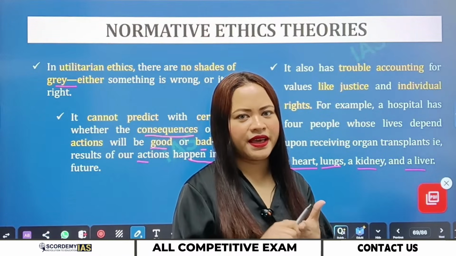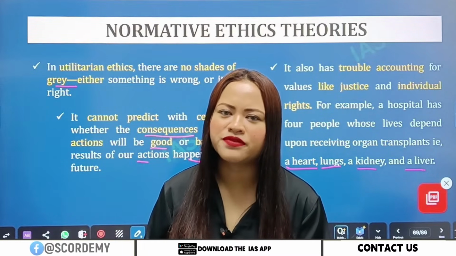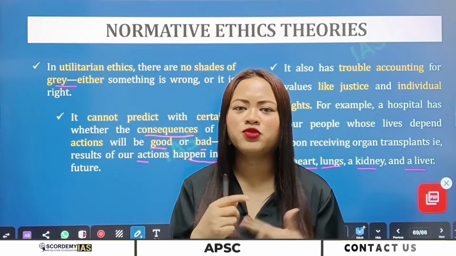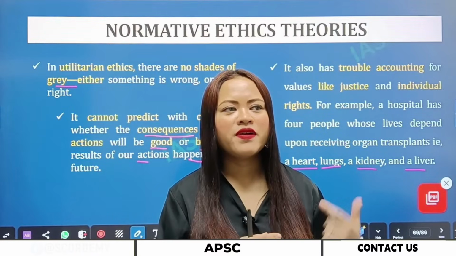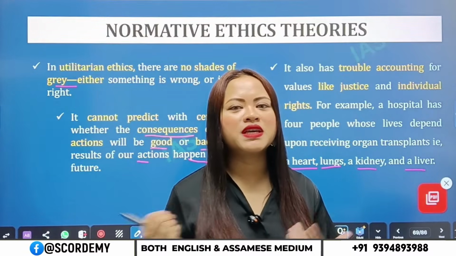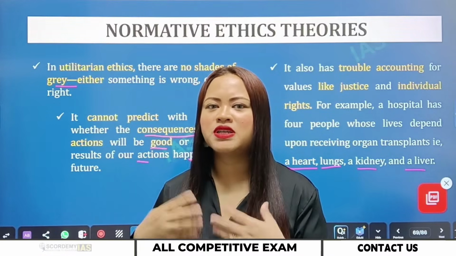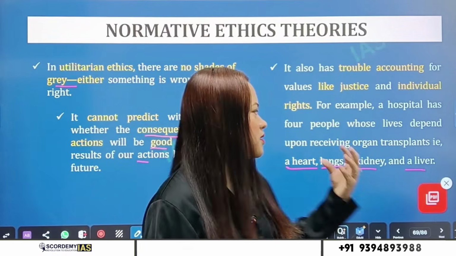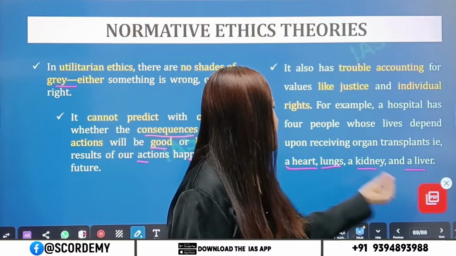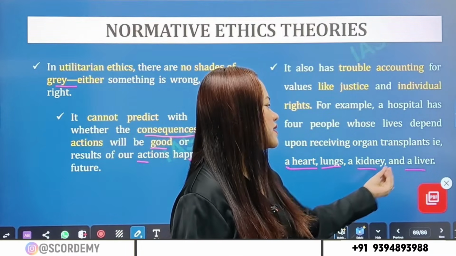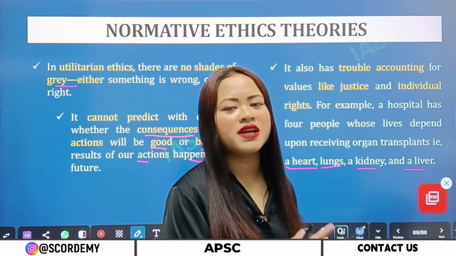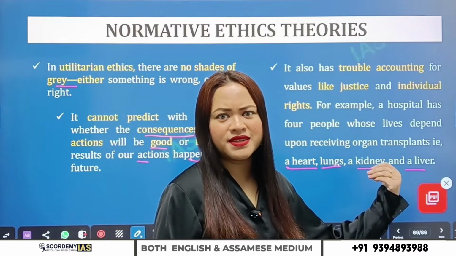They have cut their hand while chopping vegetables, and they came to the hospital to get it bandaged. Now, according to utilitarian theory, should we kill that person so that 4 people can be saved? Would we kill that person and give these 4 people a heart, lungs, a kidney, and a liver in order to save 4 lives and kill 1 person? According to utilitarian theory, yes.